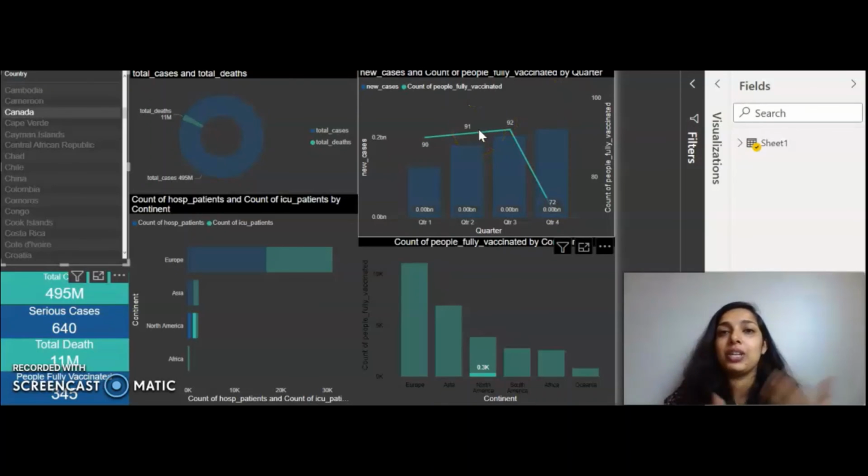Even though people started to get vaccinated, the number of people getting COVID slightly increased, but hasn't decreased, according to the data. And there is no correlation between new cases and the fully vaccinated data. So that is all about the visualization part that we have done.